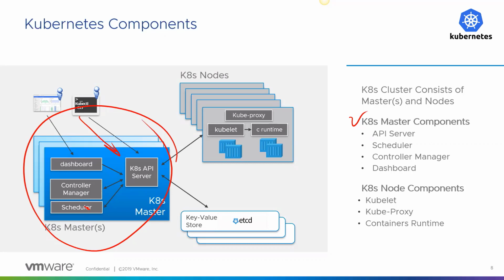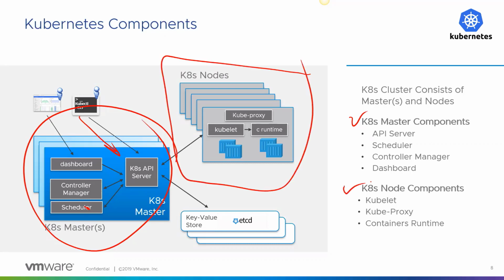Then I'm going to have 1 or more additional nodes that we call the worker nodes. This is where my containers will run. In the worker nodes, there's a number of things, but the one thing I want to point out is this thing over here called kubelet.